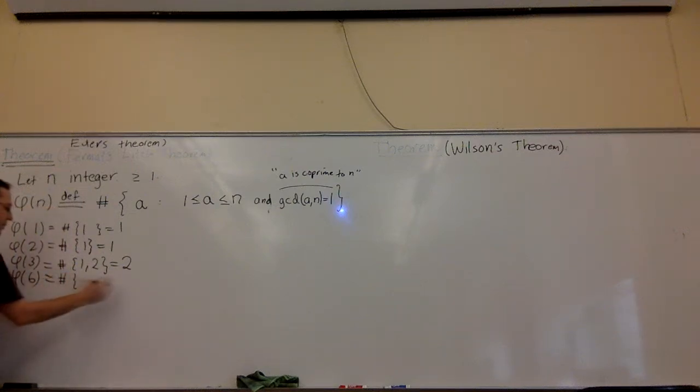Okay, what about 6? Shout out the numbers that are between 1 and 6 and co-prime to 6. I only heard one person. Are they right at least? They say 1 and 5. Those are true. Those are numbers that are co-prime to 6. Are there any others?